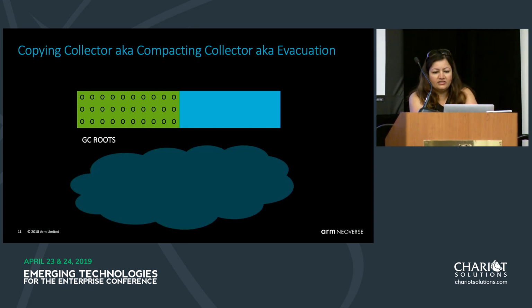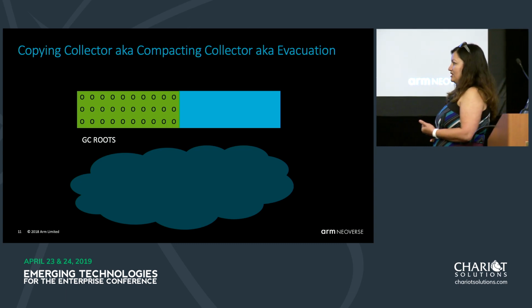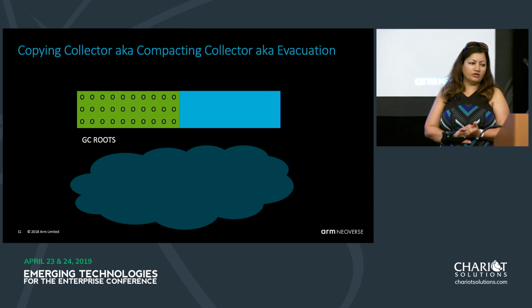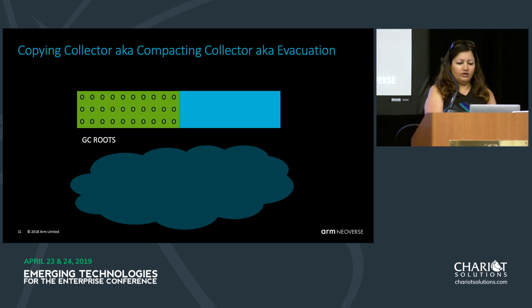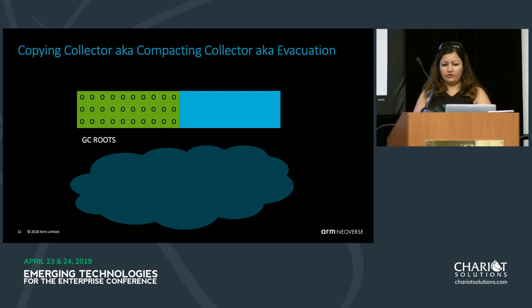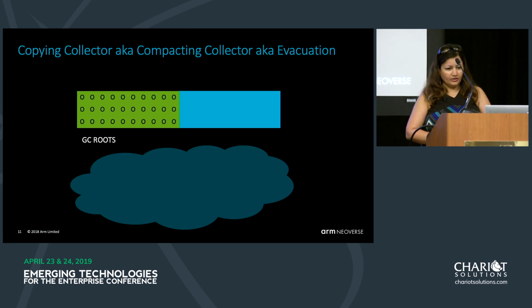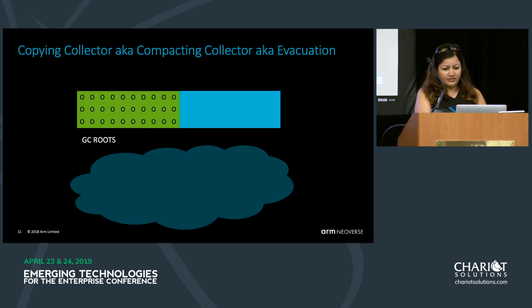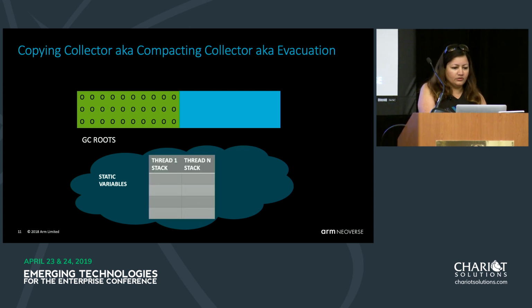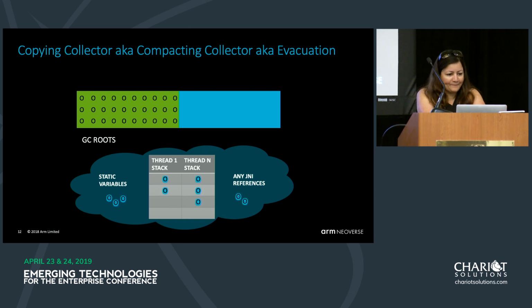So how do we decide what are live objects? For that, I want to introduce the concept of GC roots. These are basically your thread local variables or references, intern strings, for example, JNI. So here I've taken static variables, your thread stack, and any JNI references.